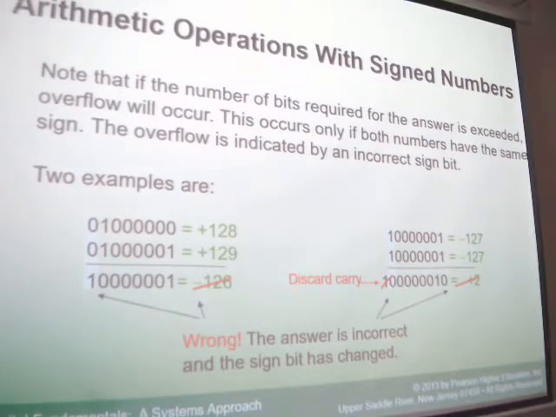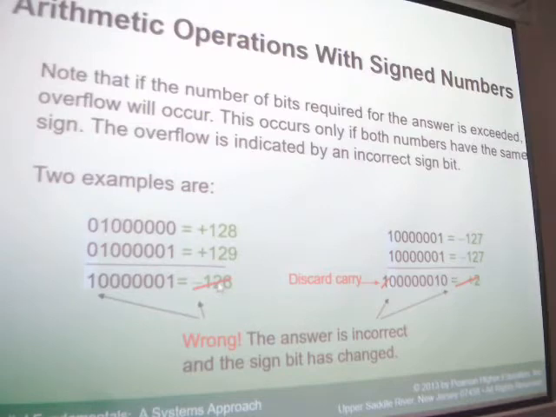We should know that if the number of bits required for the answer is exceeded, overflow will occur. For example, for these two examples, the numbers are 128 plus 129.